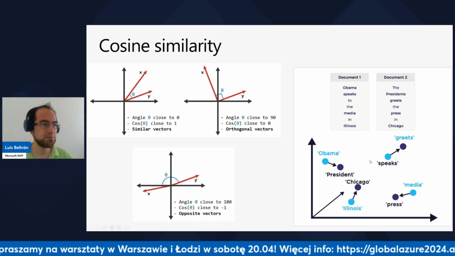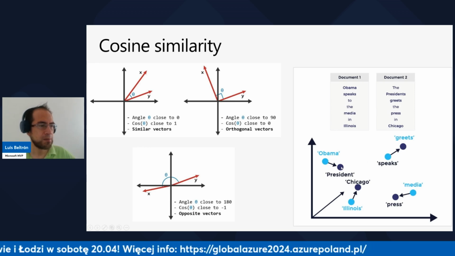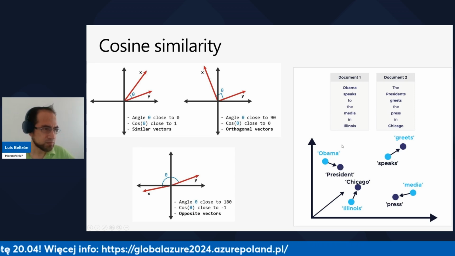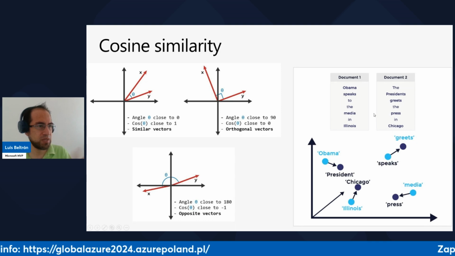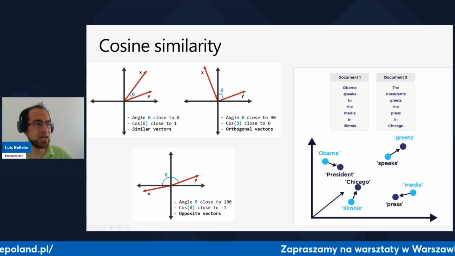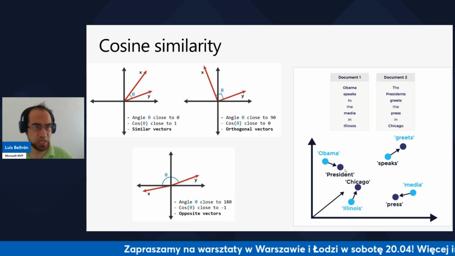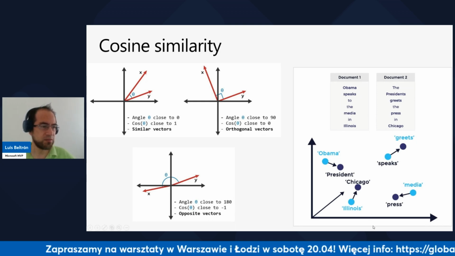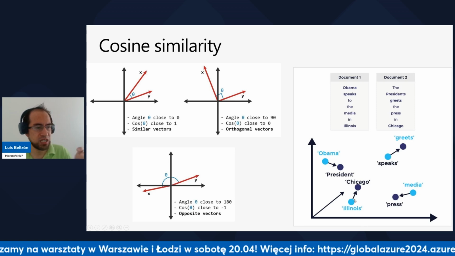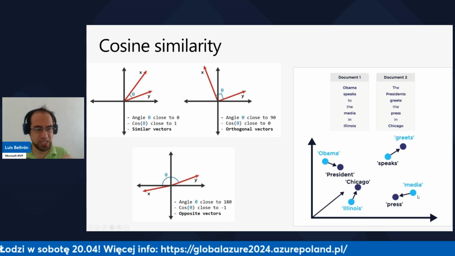But here you can see that the cosine similarity means that these documents can be related somehow because, for example, the term Obama is close to president. It knows, right? Because of the context. If we're talking about Chicago, Chicago is close to Illinois. Media and press are quite connected.